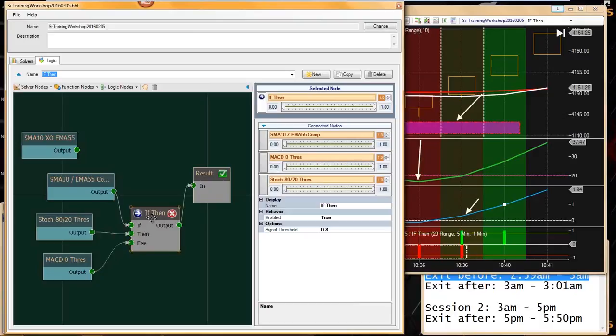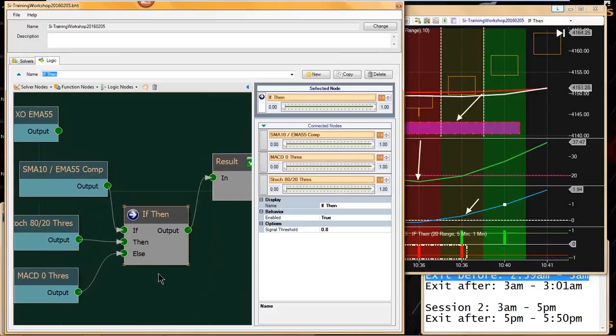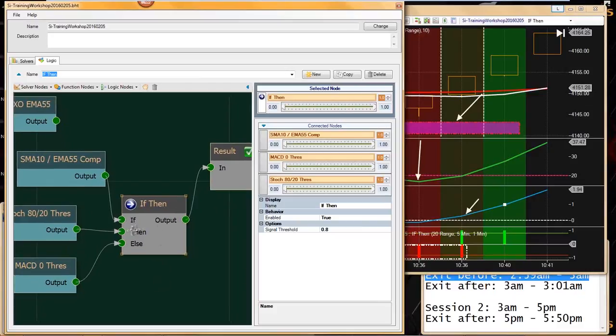And when you're thinking of it as a switch, just remember that always one of these is going to be connected to the output. So either then will be connected to the output or else. One or the other will always be connected to the output. So the switch is always connecting to then or else.